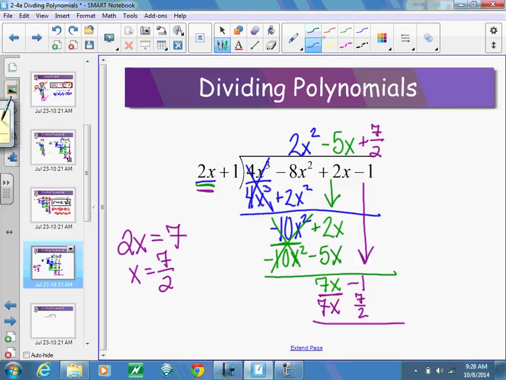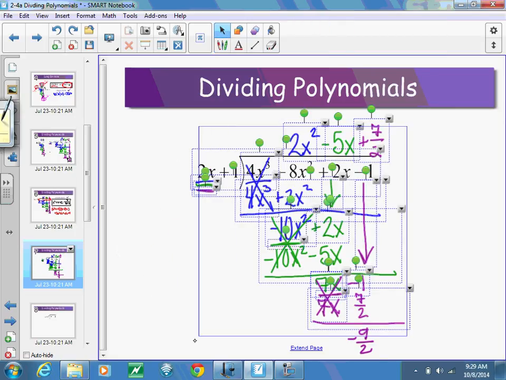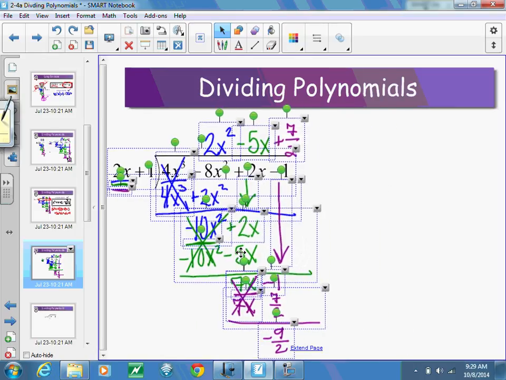And so now when I do my subtraction, my 7x's are going to cancel, and then here I'm going to get negative 1 minus 7 halves, which should give me negative 9 halves. And so there's my remainder. I'm just going to move this all over here.